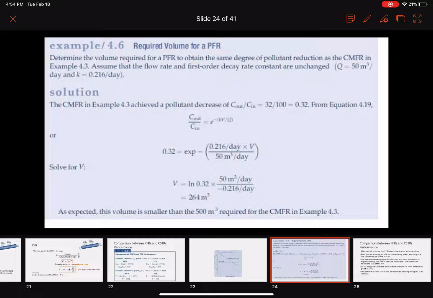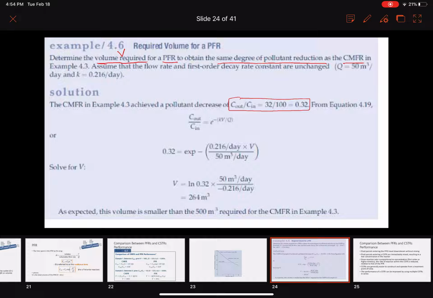Determine the volume required. So he needs to find out the volume for a plug flow reactor to obtain the same degree of pollutant reduction as the CMFR. In example 4.3, the C out over C in, the one shown before, is 0.32.